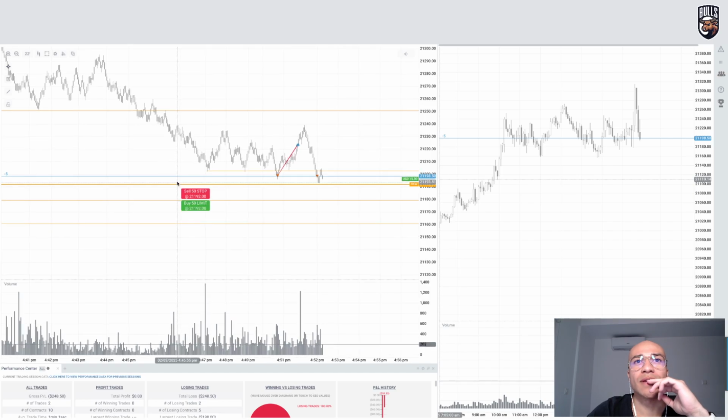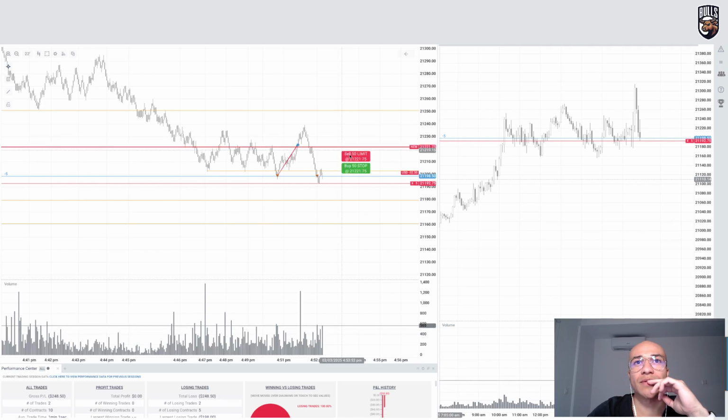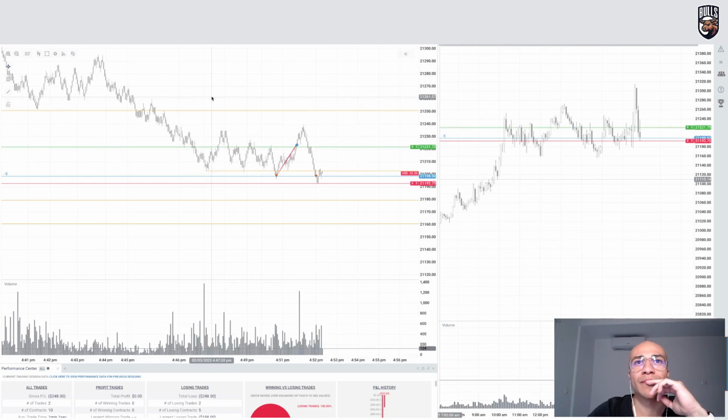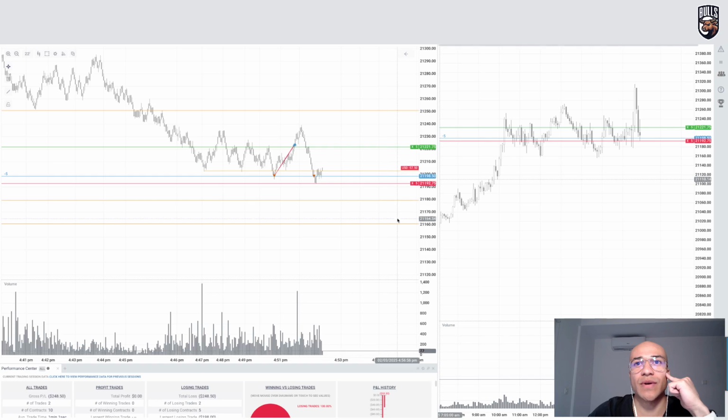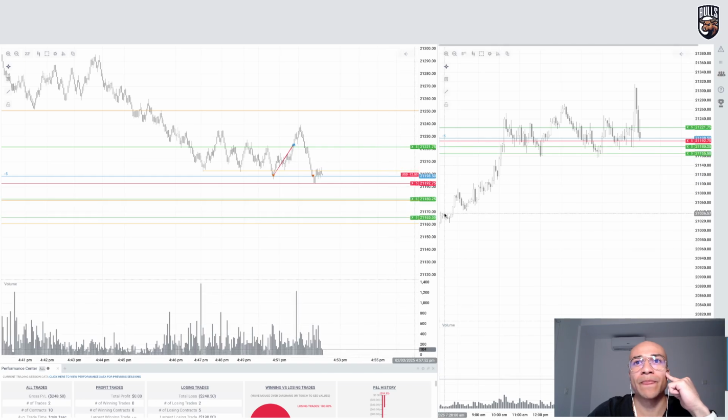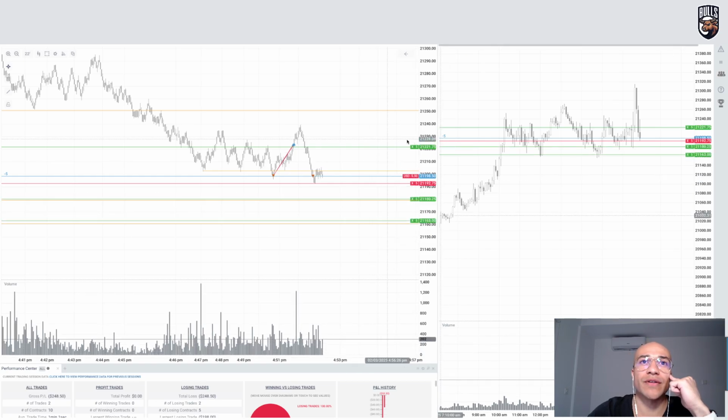So if we break 92 right here, I would increase size and put my stop again to the 20s. And then I'd put my take profit level 1 into 180, take profit level 2 right around 160.